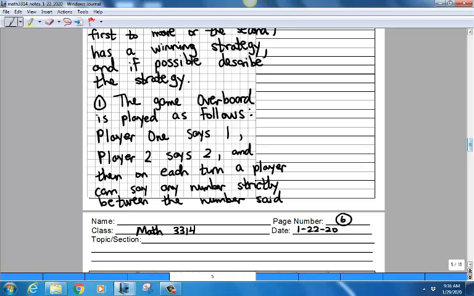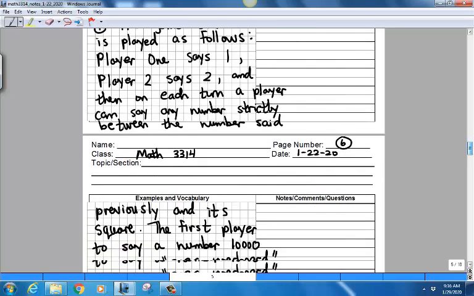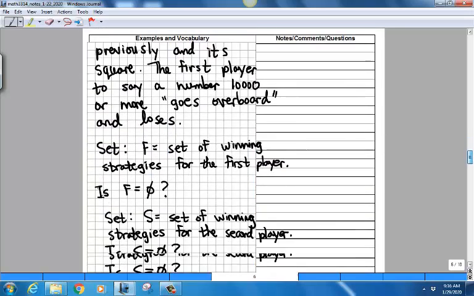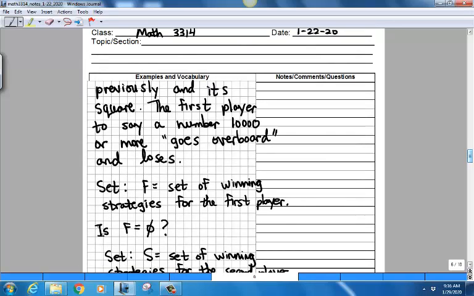Player 2 then can pick between... Let me remind myself of the rules here. I thought it was between 4 and 16. I may have to check this again.